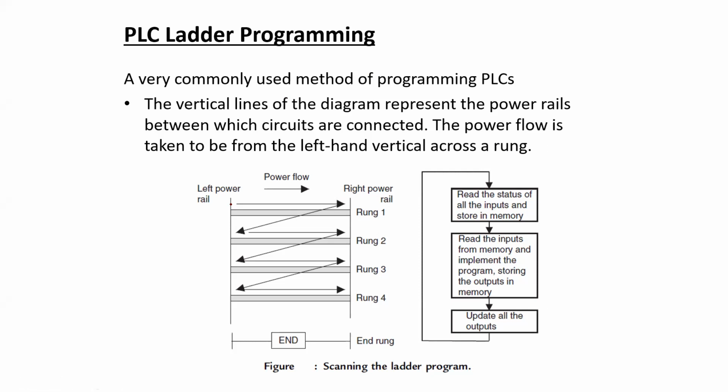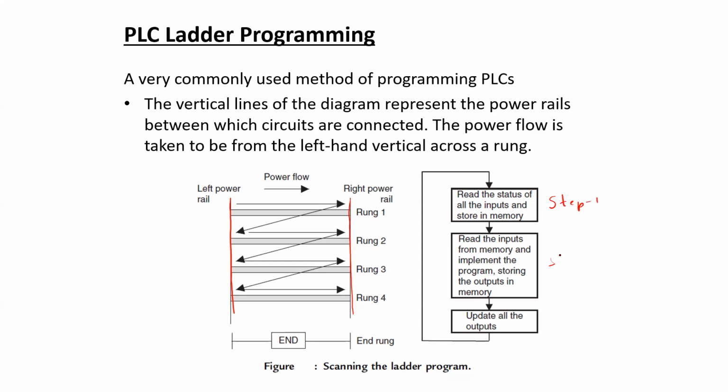So here as well, the two vertical lines represent the power rails, and in between them, the relation between the input devices and output devices is established in equivalent circuit diagram form. There could be multiple lines of instructions, and the instructions are executed from the first line, from left to right, and from top to bottom.